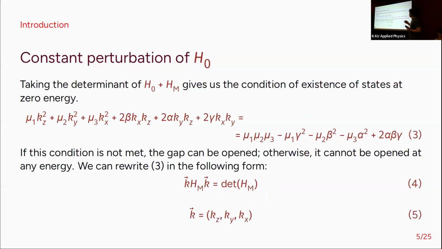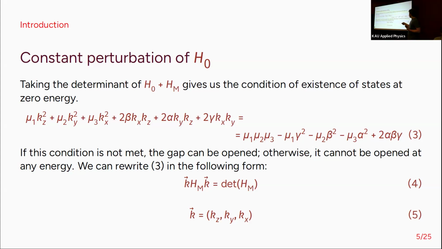So if we take the determinant of this sum of the initial Hamiltonian plus the mass term, the determinant of this sum is the same as if we took the characteristic equation for this sum and equated the energy to zero.